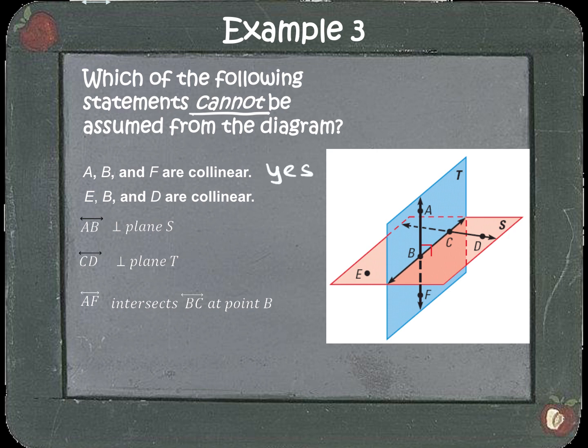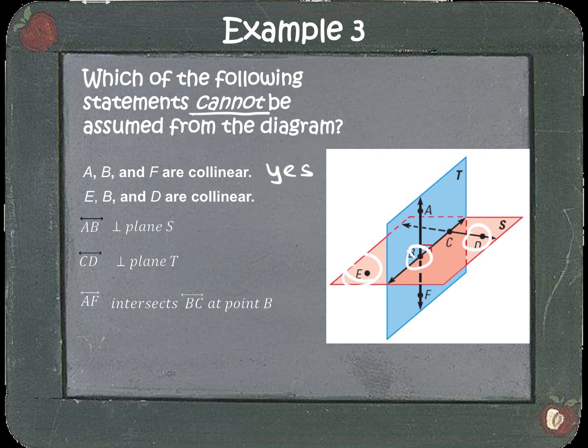The next one, E, B, and D are collinear. So E is over here. Let me use a different color here. So E is here, B is here, and D is here. There is no line connecting those 3 points.